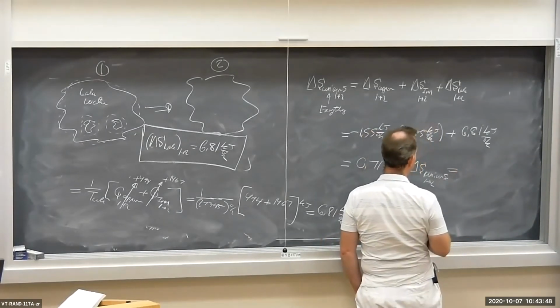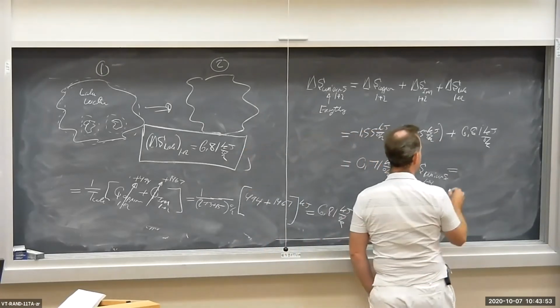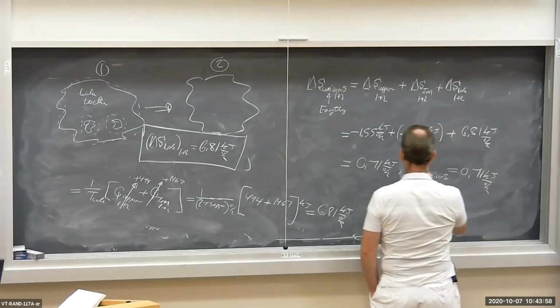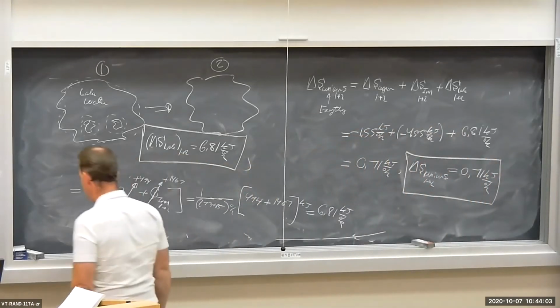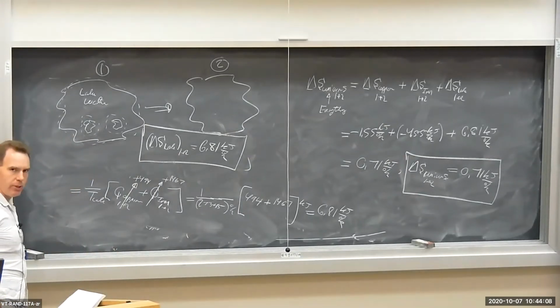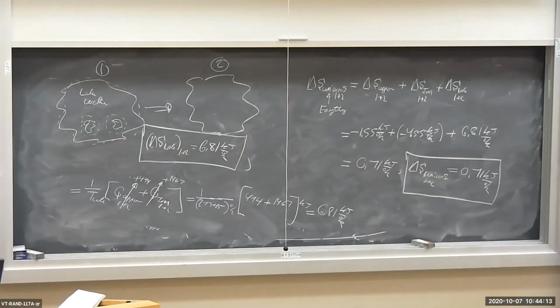Delta S for the universe, which is delta S for the copper, the iron, and the lake all together. That's going to be equal to 0.71 kilojoule per degree Kelvin. Okay? So it's positive. Let's just think about this for a second. This process resulted in a change or an increase in entropy for everything, or the universe, as we go from state 1 to state 2.